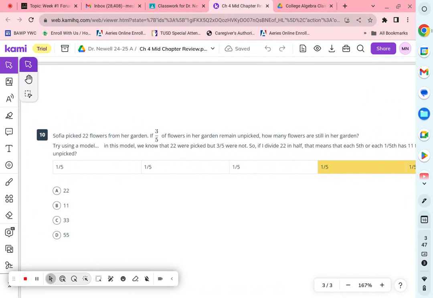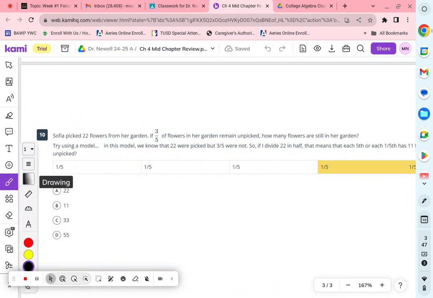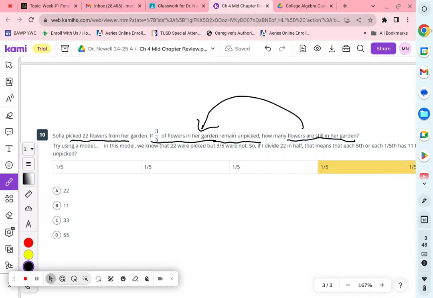We've got a couple of keywords here. The first key phrase is that she picked 22 flowers from her garden. And 3/5 of the flowers, not the ones that she picked, but 3/5 of the ones that are in her garden, are unpicked. So we want to know how many flowers are the 3/5.